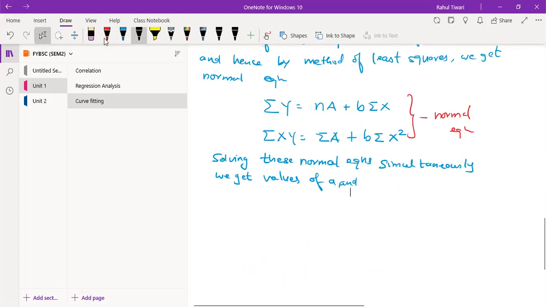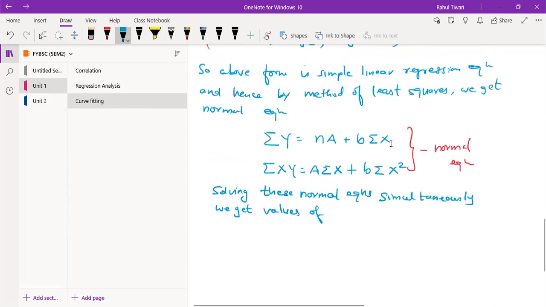That is the question. There is some correction here, so I will just modify this one. This is a times summation of x. Solving this, you will get the values of capital A and capital B.